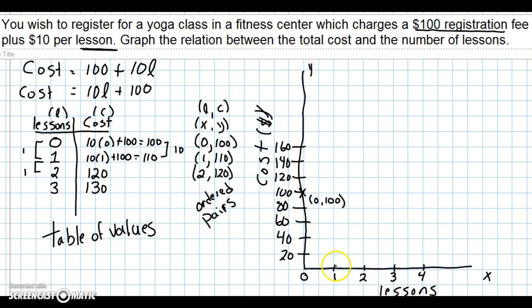At 1, we go from 1 to 110, which is about halfway. At 2 to 120. At 3, we're going to go up to 130, and so on.